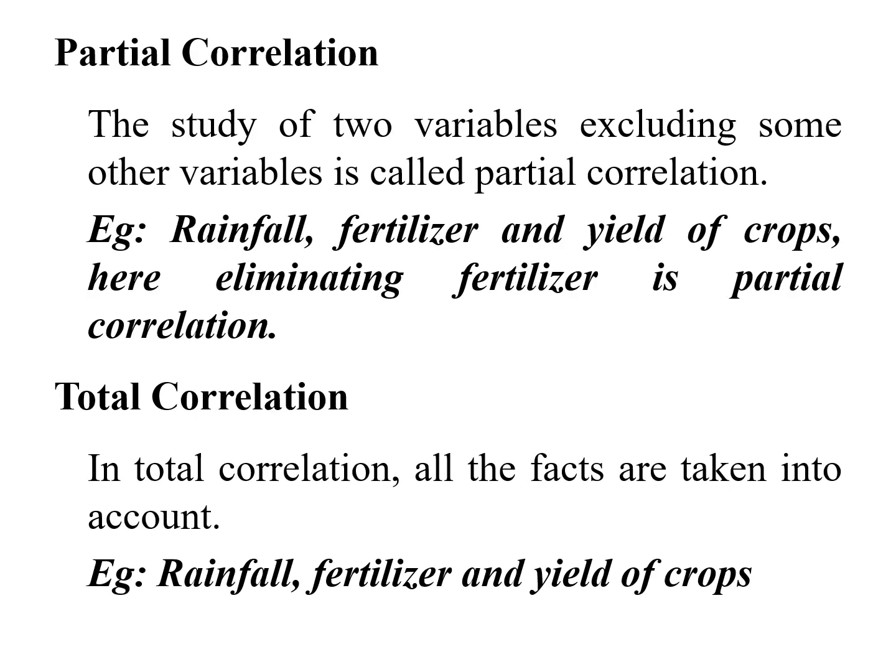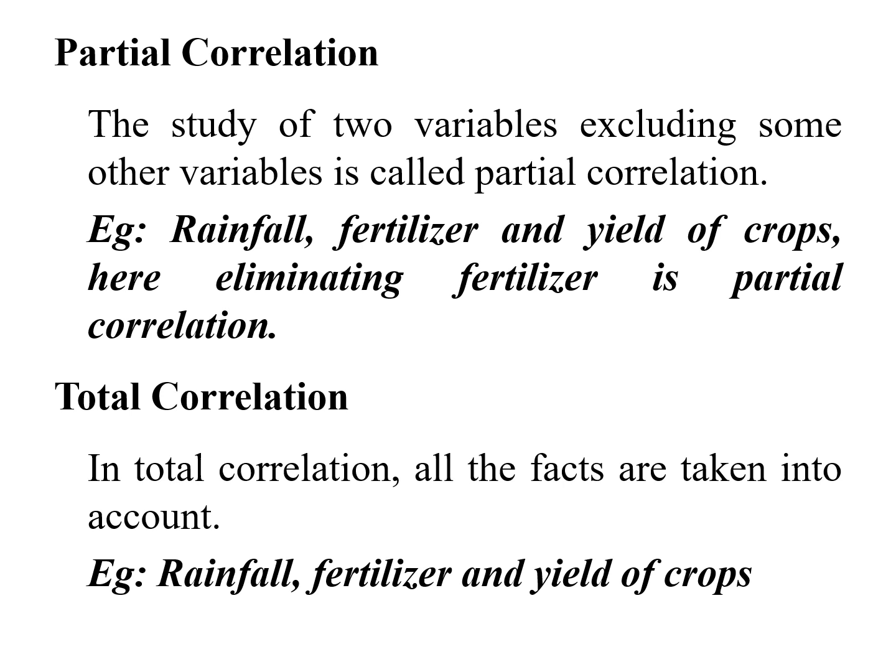Next one, partial and total correlation. The study of two variables excluding some other variables is called partial correlation. For example, rainfall, fertilizer and yield of crops: eliminating fertilizer gives a partial correlation. Here we have three variables, and from them we eliminate one variable; that is partial correlation.